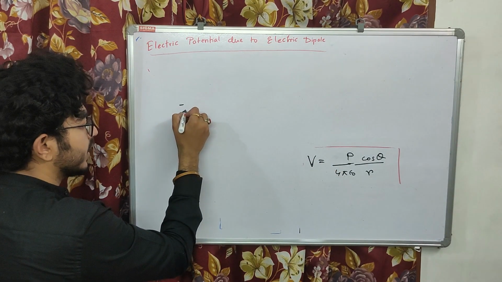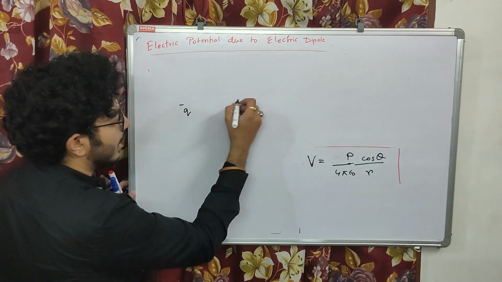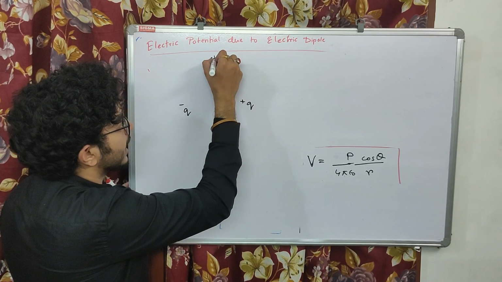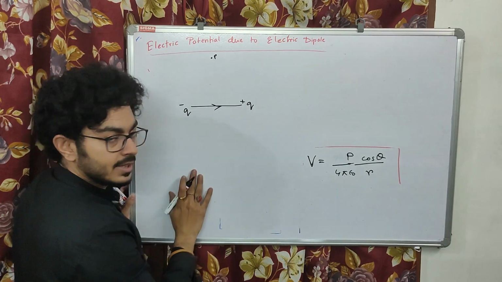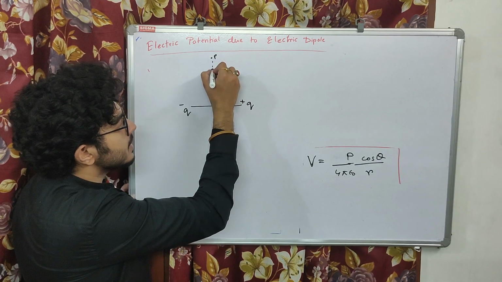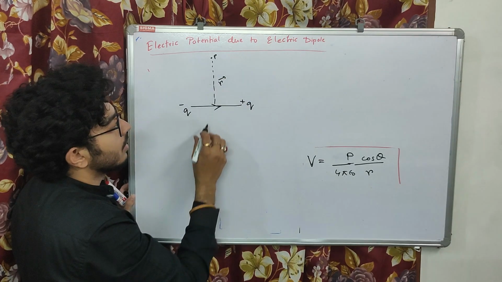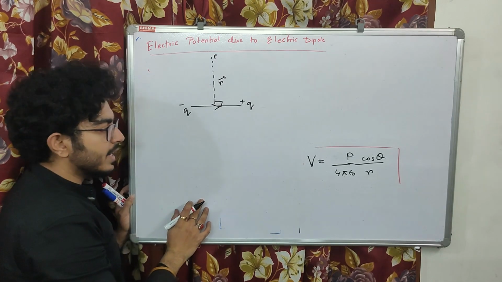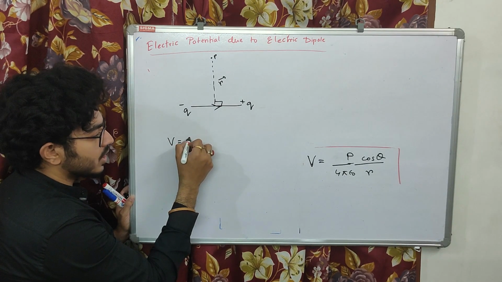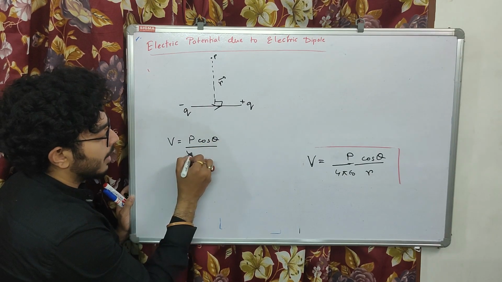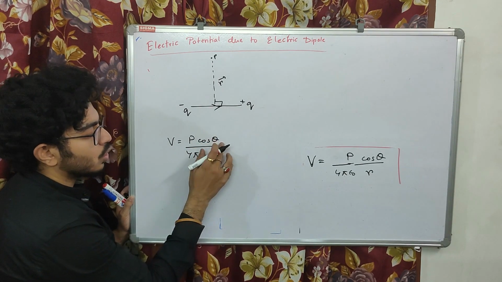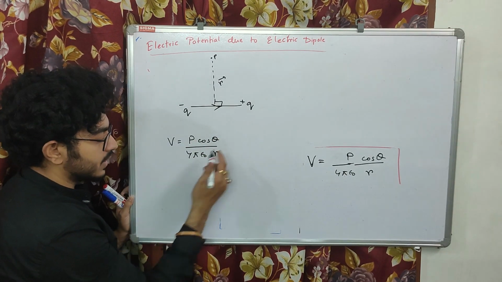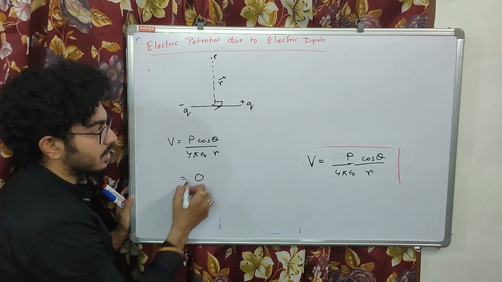So for an equatorial point, if this is Q and this is minus Q, and the dipole moment is in this direction P, and this is the position vector R of point P from this dipole, then they are making 90 degrees. So the electric potential is P cos theta by 4 pi epsilon naught R. Theta is 90, cos 90 is 0. So this comes out to be 0.